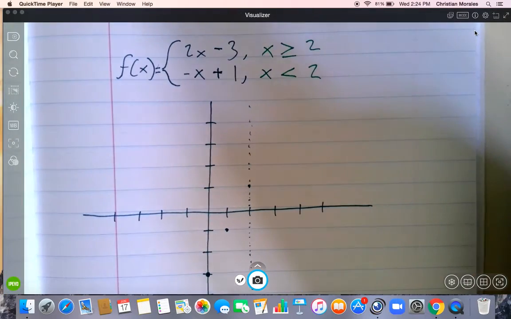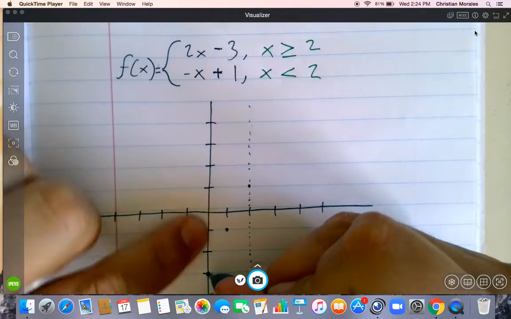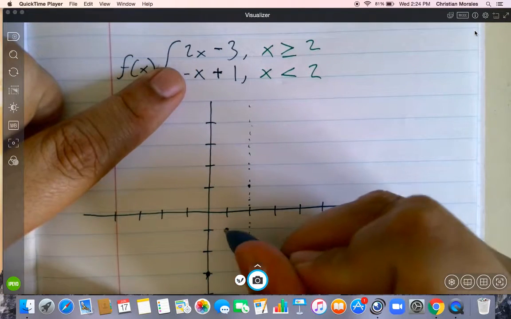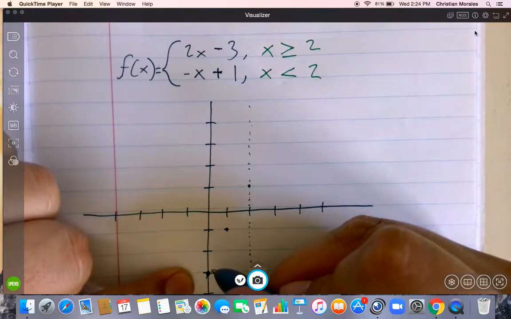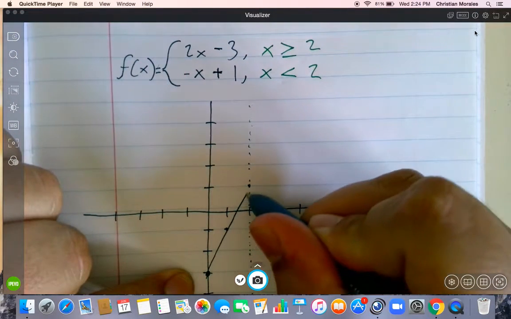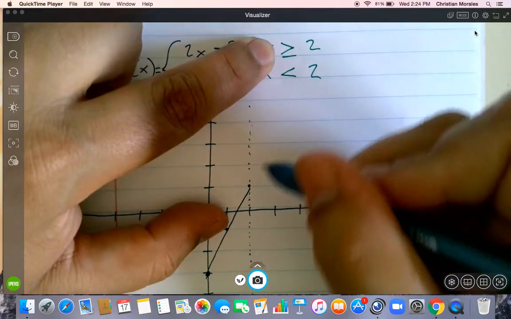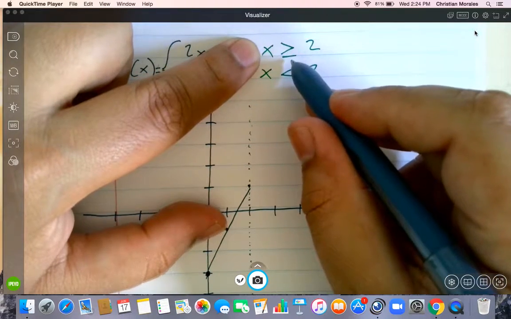All right, so the first one starts at -3 down here. The slope is 2x, 2 over 1, up 2 over 1, up 2 over 1. And this is not an inequality, this is a line, so I just draw a line. Now, it ends with x being greater than or equal.